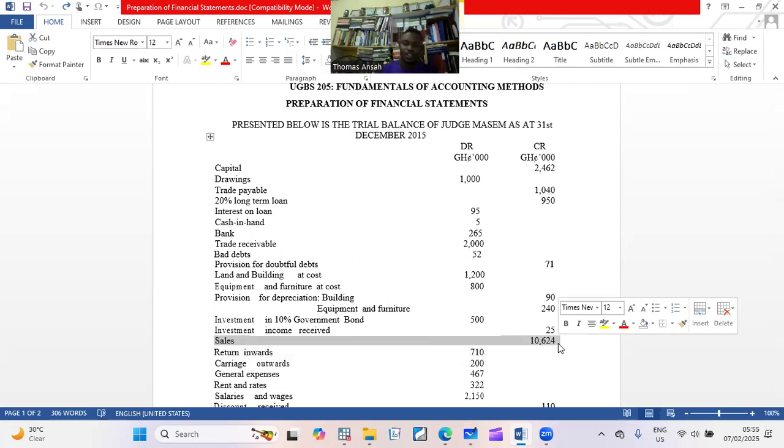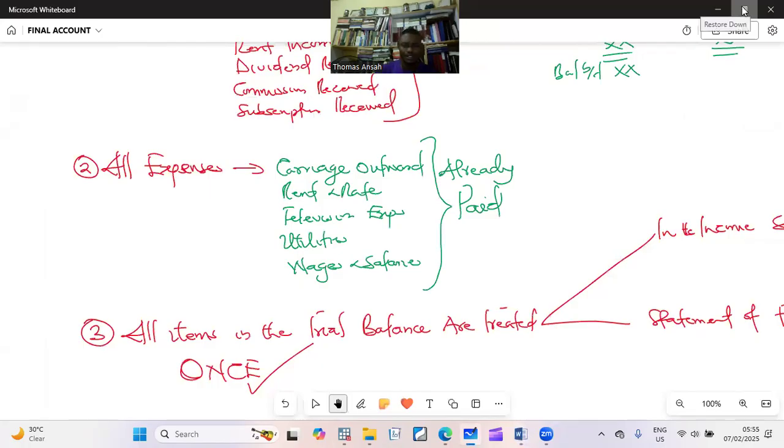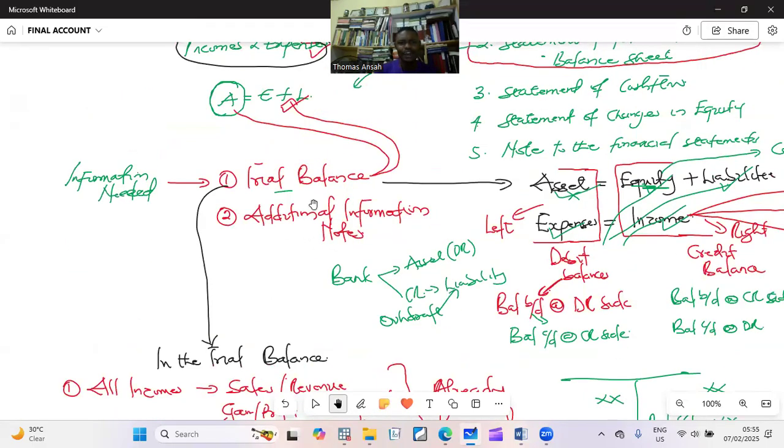So that is the thing about the trial balance. Something like this will only come once, in the income statement. I'll show you the format. So you treat them once. That is it about the trial balance. Then we come to the additional information, because those are the two things we need to prepare the financial statement.